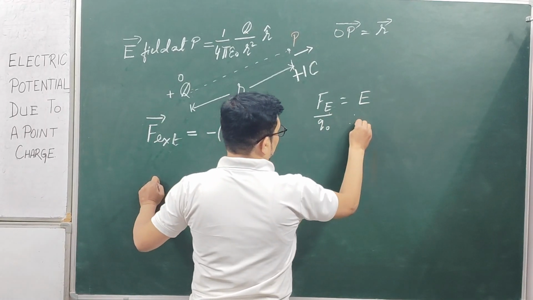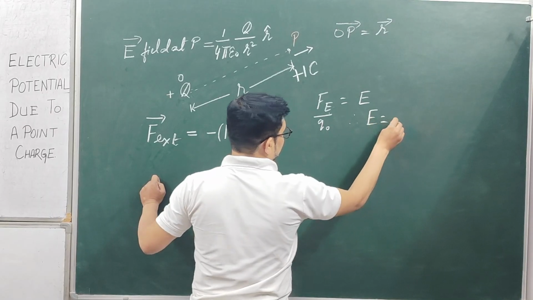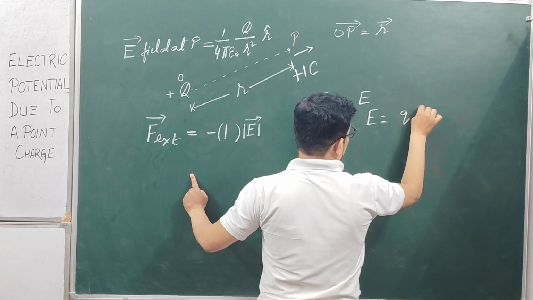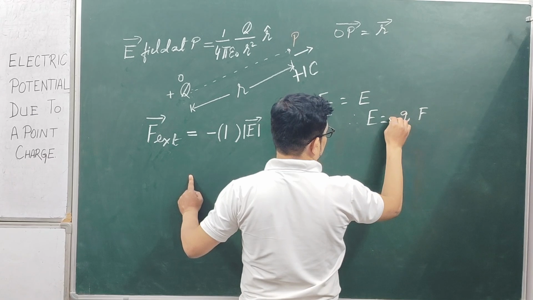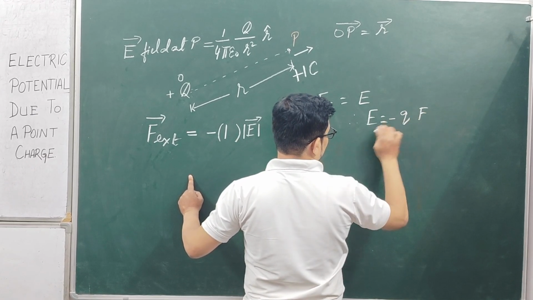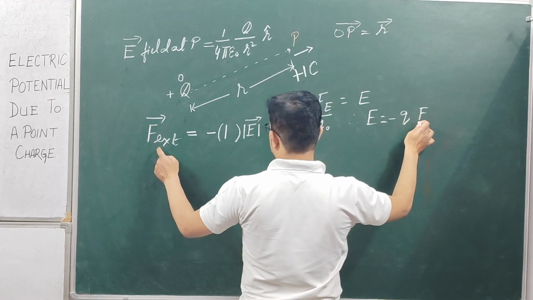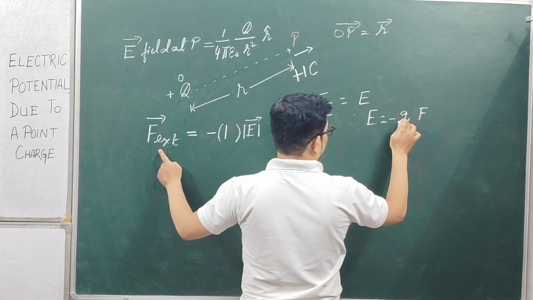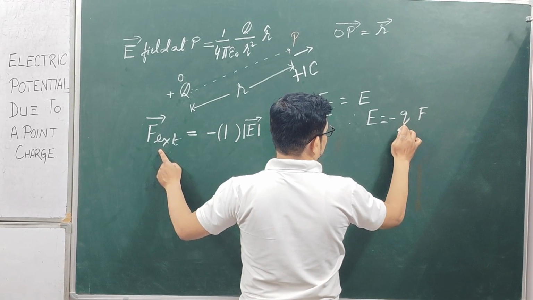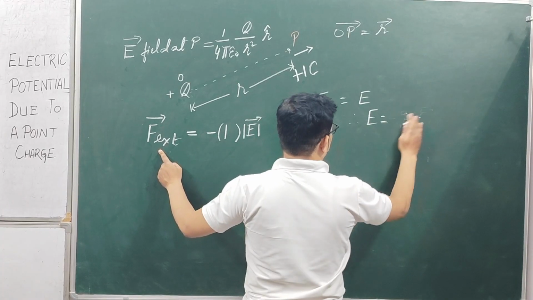So therefore, electrostatic field is equal to Q times whatever is the force, and this force here is negative of what it is, right? If you equate this with the external force, and if you multiply this, so force per unit charge, right?